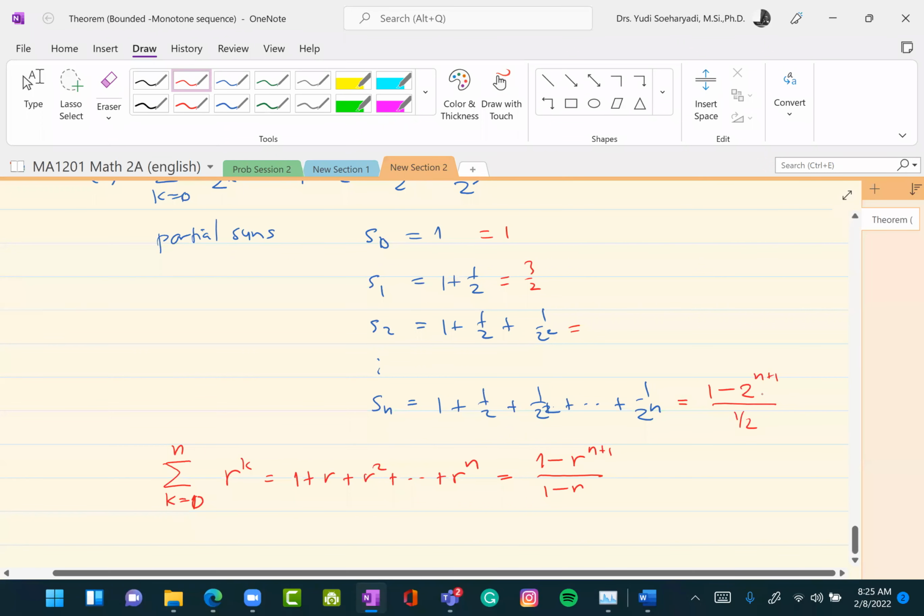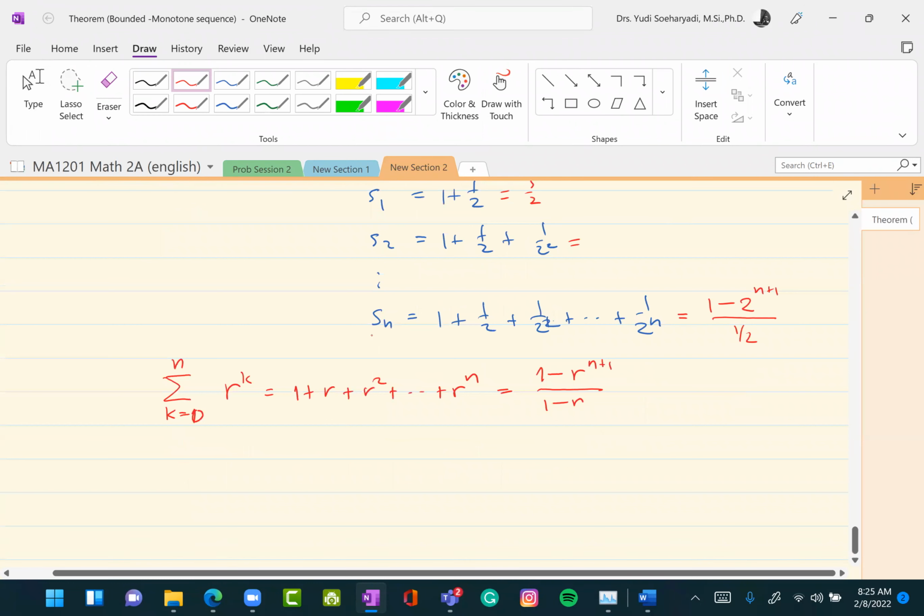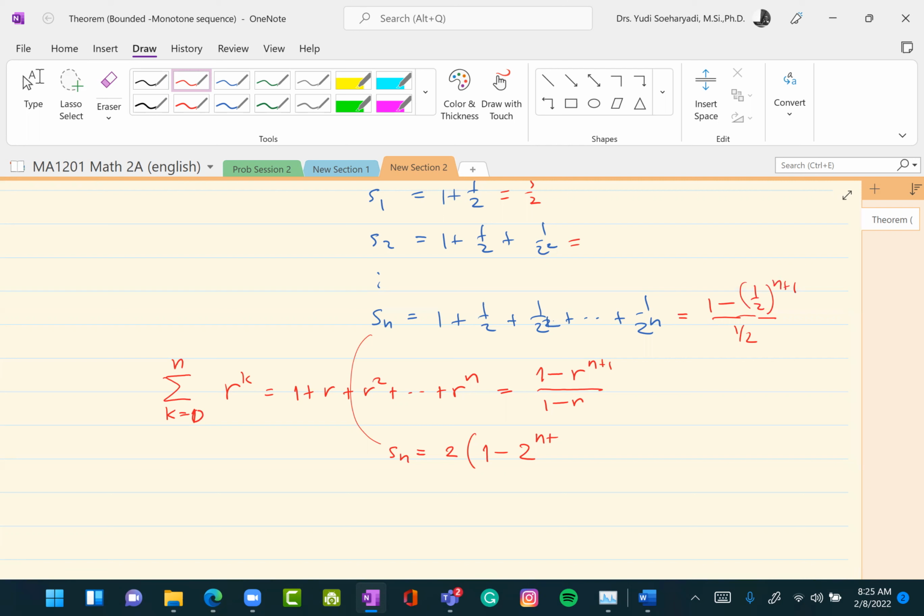So this is 2 times this. Sorry, this is wrong, this is 1 half, because r is 1 half here.